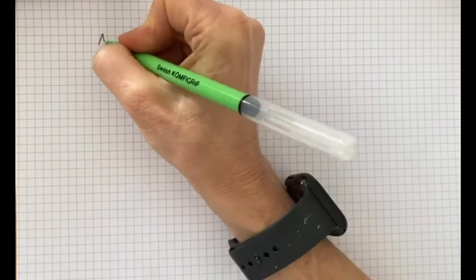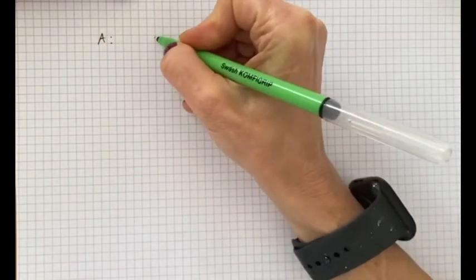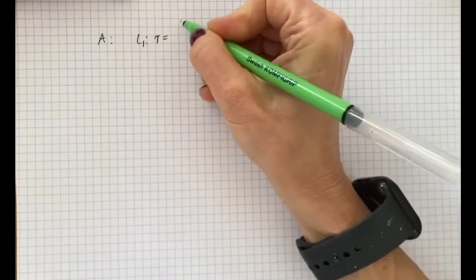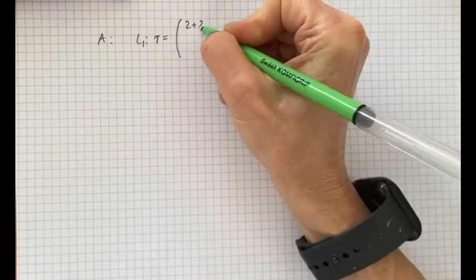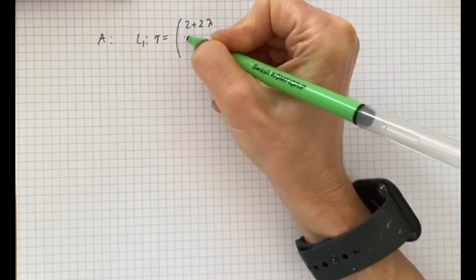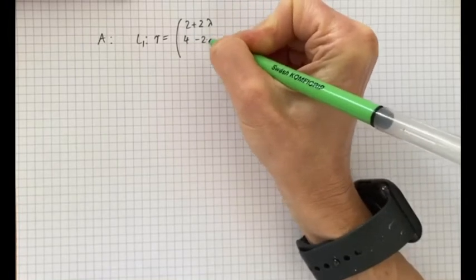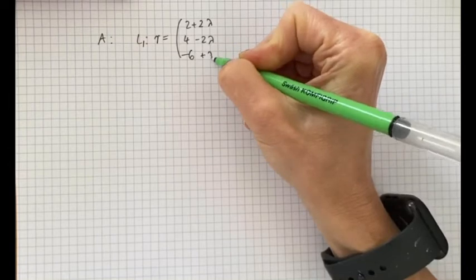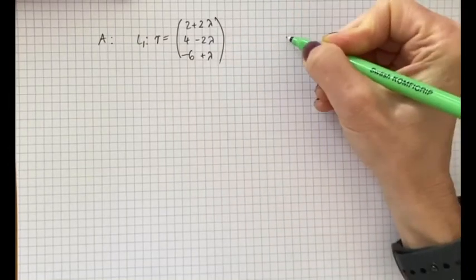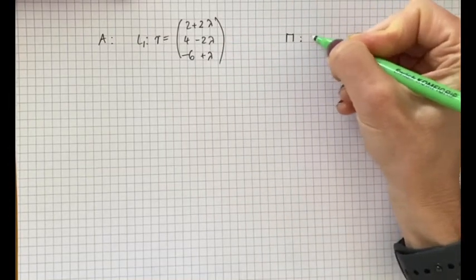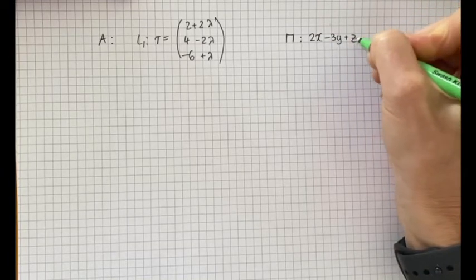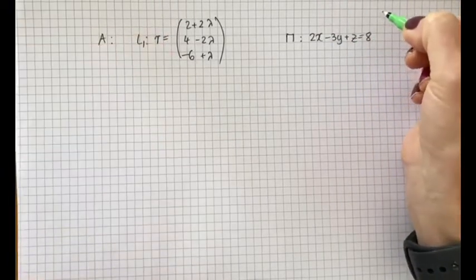So for point A, we are going to use the general equation of L1, which is 2 plus 2 lambda, 4 minus 2 lambda, minus 6 plus lambda, and we are going to substitute it into our plane 2x minus 3y plus z equals 8.